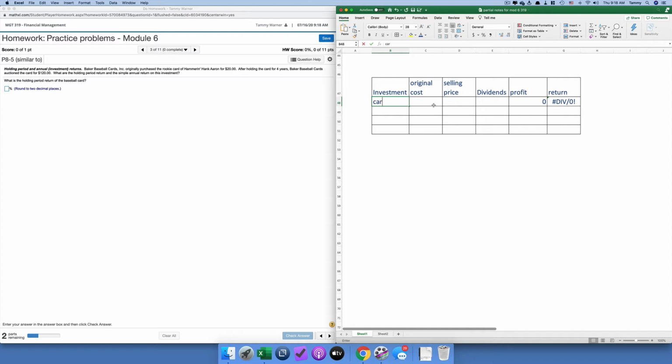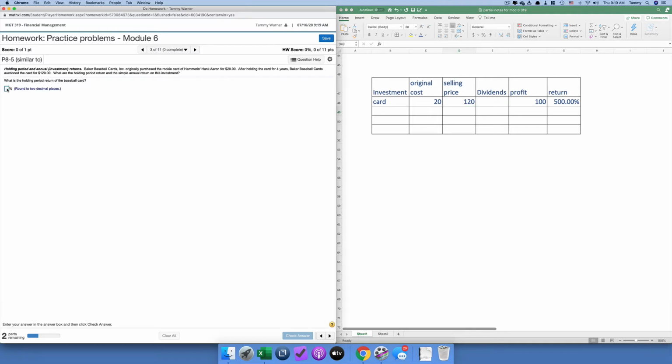So the investment is a card and the original cost is $20. The selling price is 120. And so the return, the holding period return is 5%. Or I'm sorry, 500%, 5 times. Okay, so that's easy. So now the simple annual return.